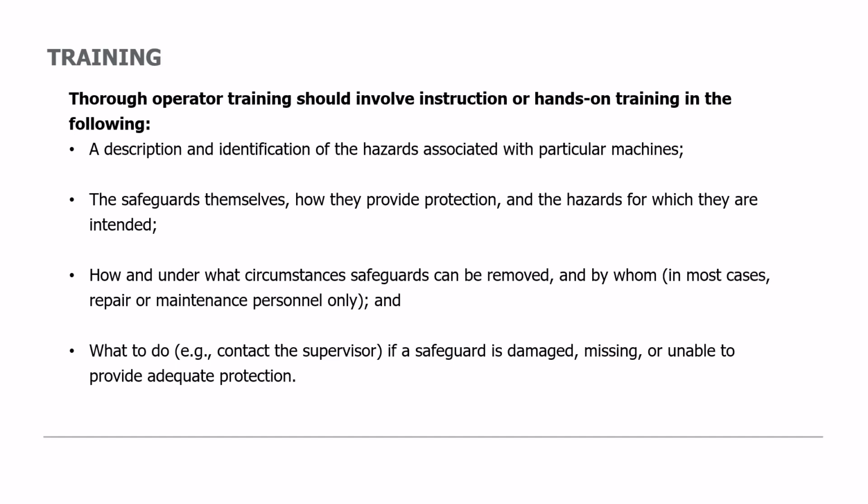How and under what circumstances safeguards can be removed and by whom. In most cases, it's going to be repair and maintenance personnel only. So when can a safeguard actually be removed? Under what conditions? That's all in your written program or your standard operating procedures for working on that piece of equipment. What to do? Let your supervisor know if a safeguard is damaged, missing, or unable to actually provide adequate protection.